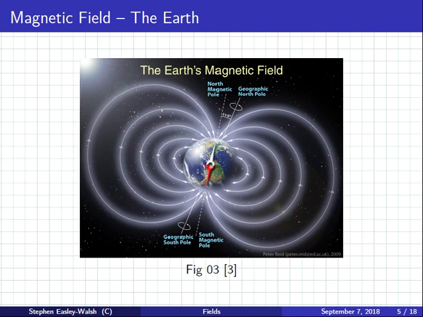Oh, beautiful, beautiful. It's south. Oh, it's north.